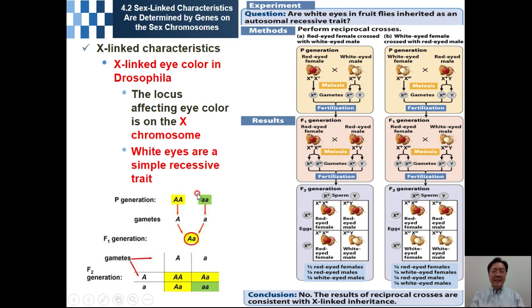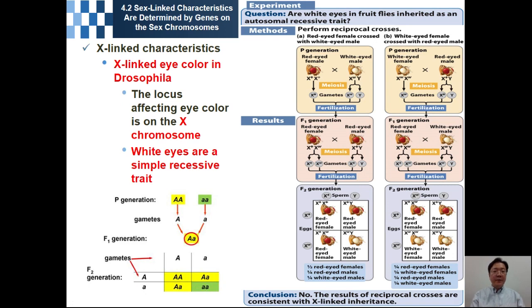So this is a recessive phenotype, but after crossing, the F1 generation will show the dominant phenotype because the genotype is large A, small a. All of them show the dominant phenotype. But in the F2 generation, in a 3:1 ratio, they will show the recessive phenotype. So this is the autosomal recessive trait.